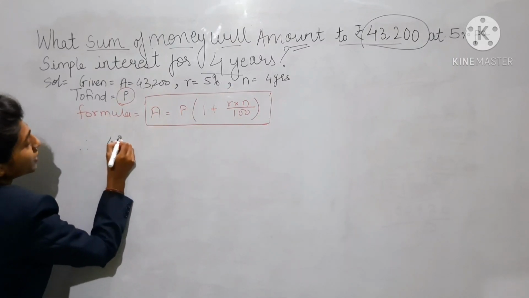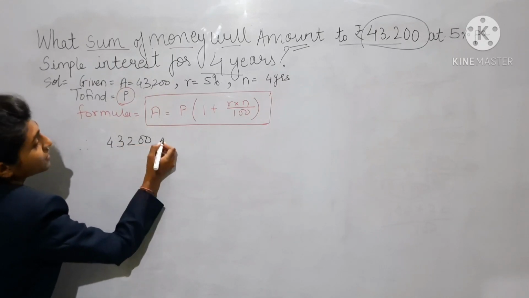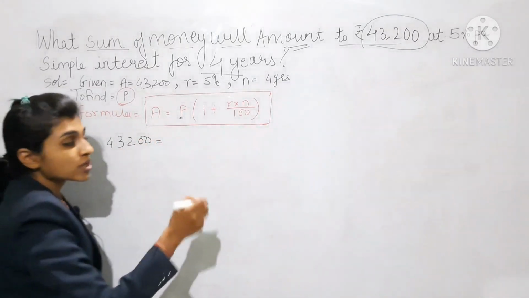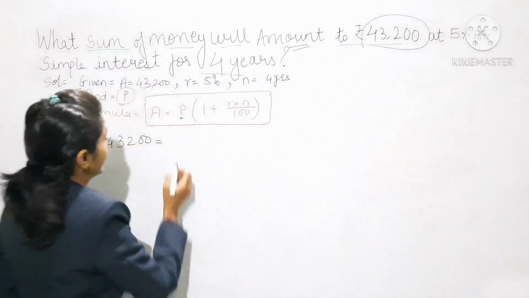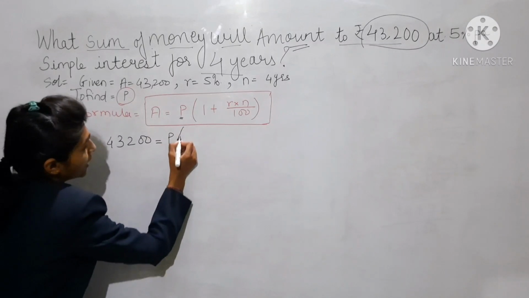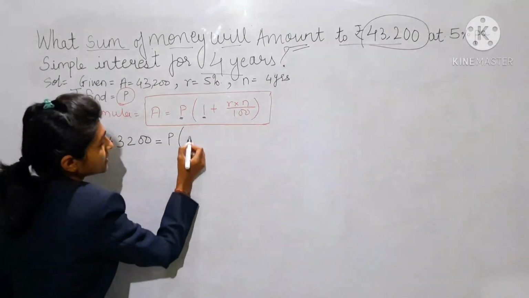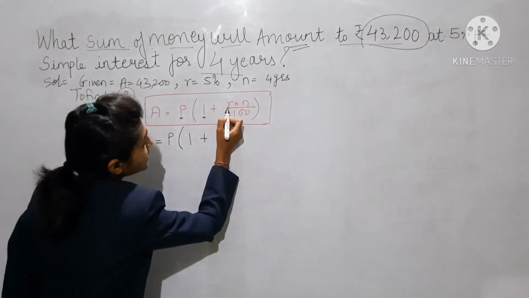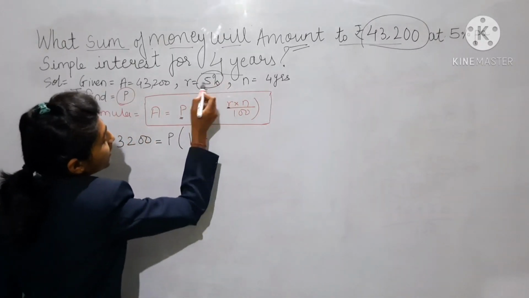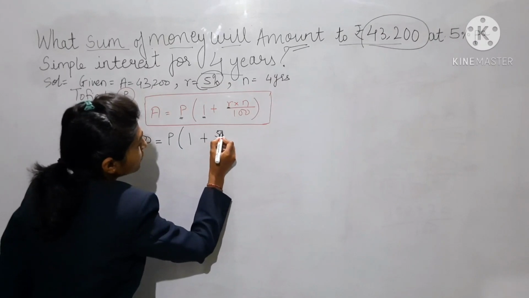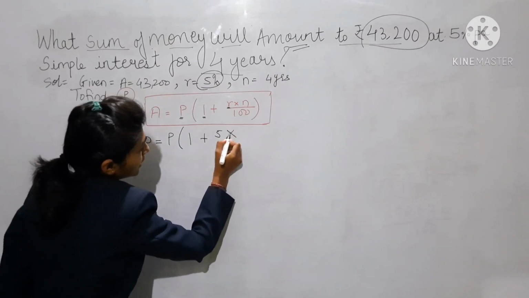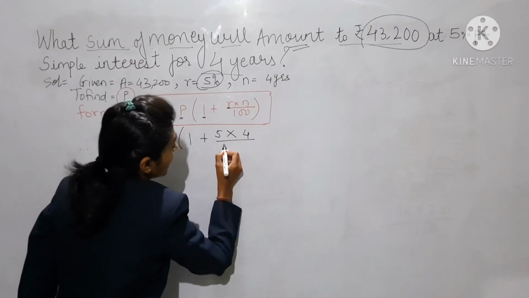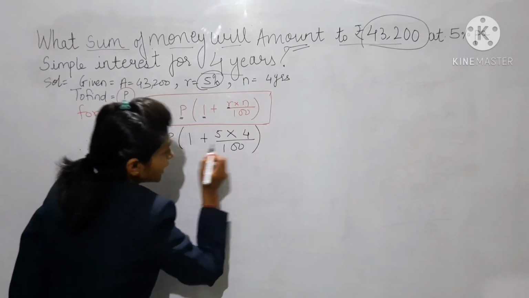Therefore 43,200 is equal to P, which I write as it is because we have to find P, bracket 1 as it is, plus sign the same, R is 5%, 5 into N which is 4, divided by 100, bracket close.